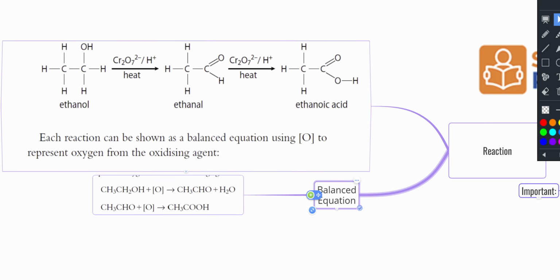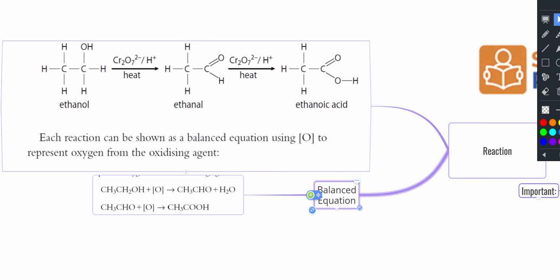That is the alcohol getting changed into the aldehyde functional group, and the oxygen written in the bracket indicates that this particular oxygen has come from the oxidizing agent. And in the next step, the aldehyde represented by the functional group CHO is getting oxidized to a carboxylic acid. And we know it's a carboxylic acid because we can see the functional group COOH present.